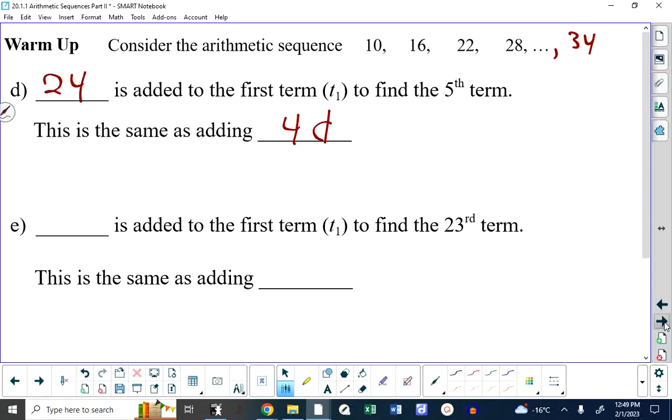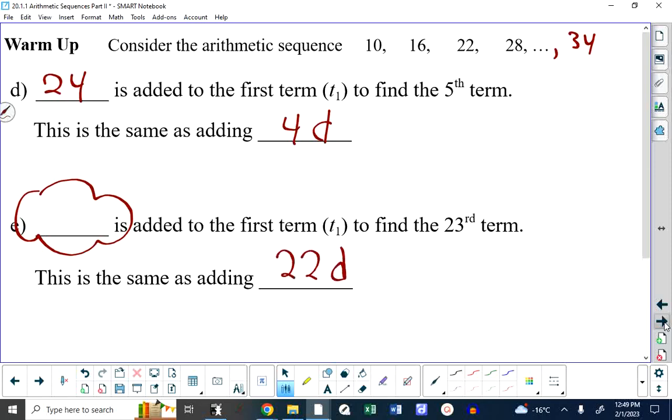What would I add to the first term to get the 23rd term? Well, listen, figuring out what this number is really unimportant, and it's a lot of work, isn't it? It's easier to say, how many? 22 common differences.